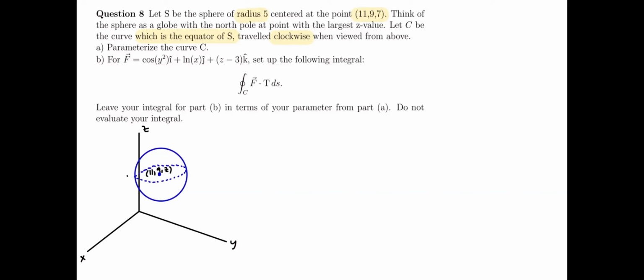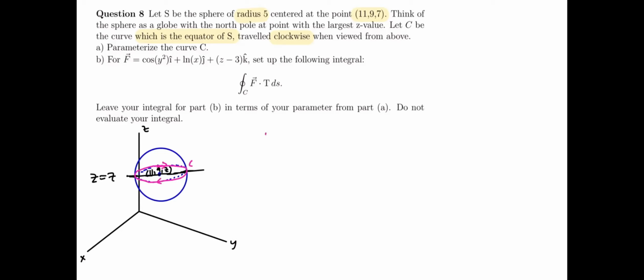This level right here is z equals 7, and we have this curve that's tracing clockwise. This is the curve C at the level z equals 7. It's going clockwise, so the direction is this way. That is curve C.